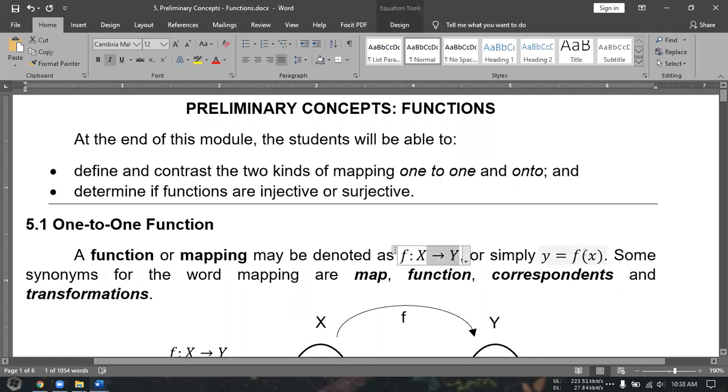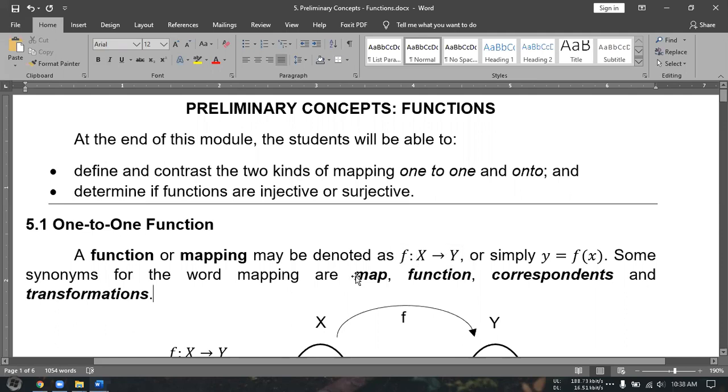Some synonyms for the word mapping are map, function, correspondence, and transformation. So we can read this as x maps to y, x functions y, x corresponds to y, or x transforms to y.